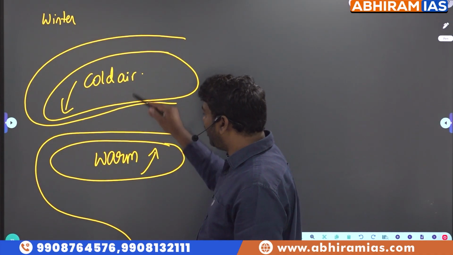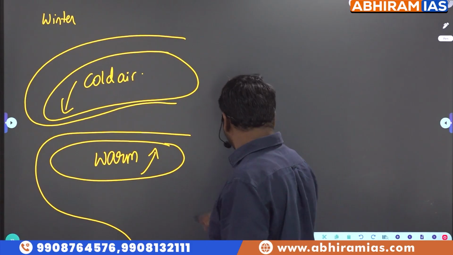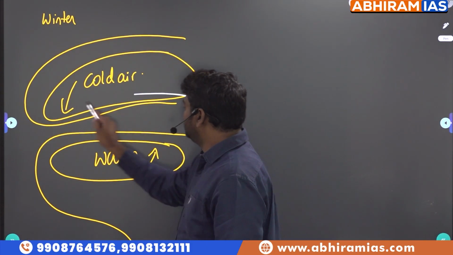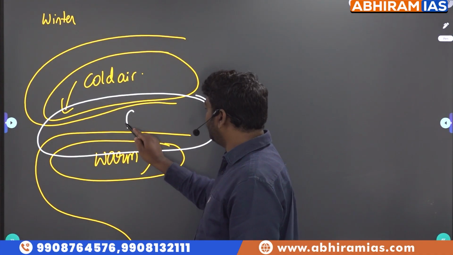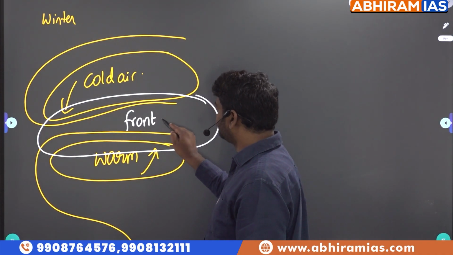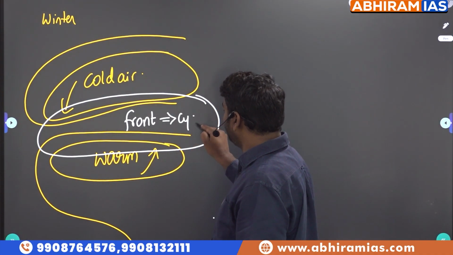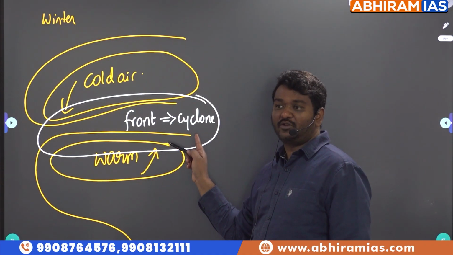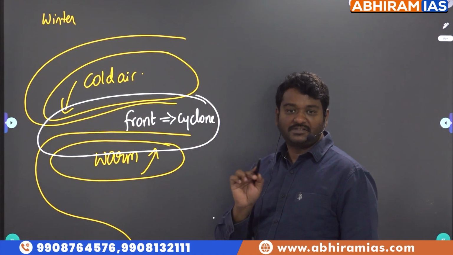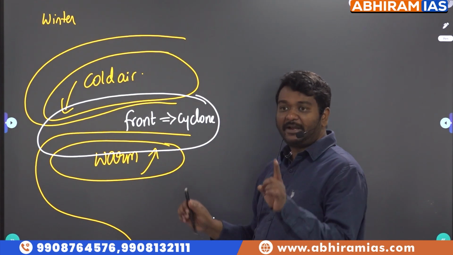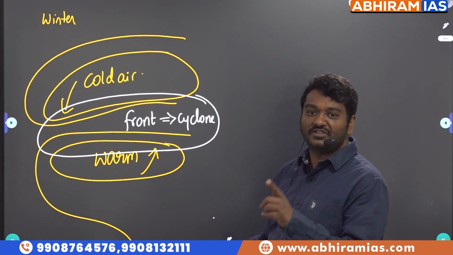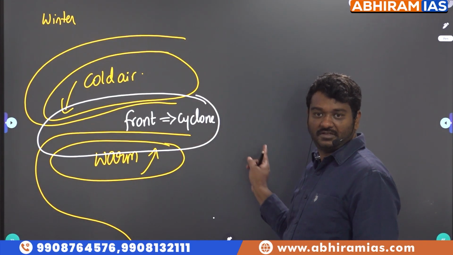Whenever warm and cold air mass mixes, in this region, what will be formed? Front will be formed. This front can become cyclone. So which type of cyclone are we talking about? Temperate cyclone. Temperate cyclones are under the influence of westerlies. That is the reason it is pushed from west to east.